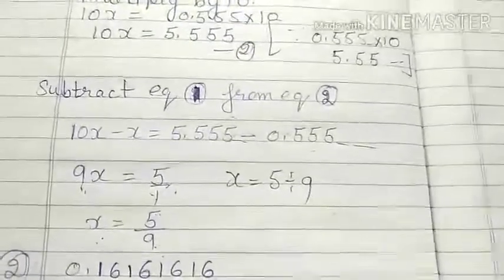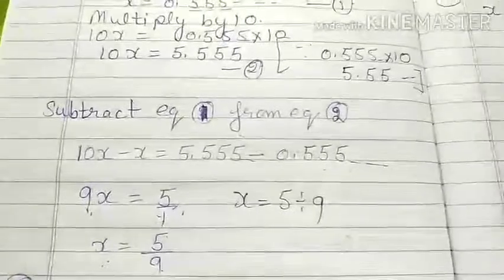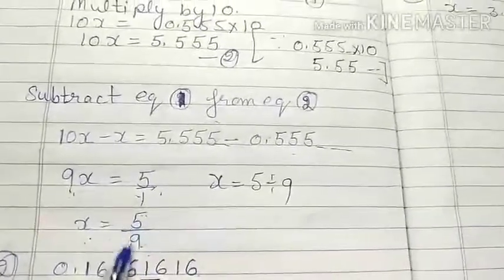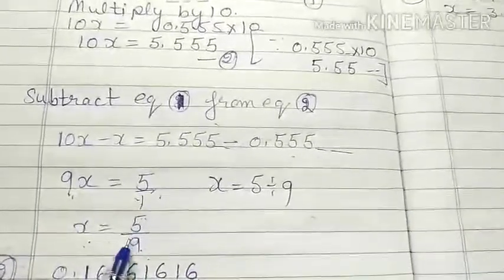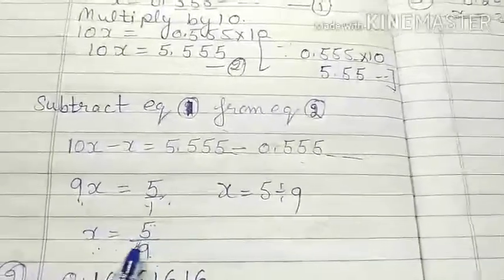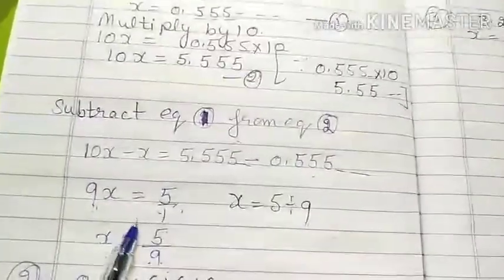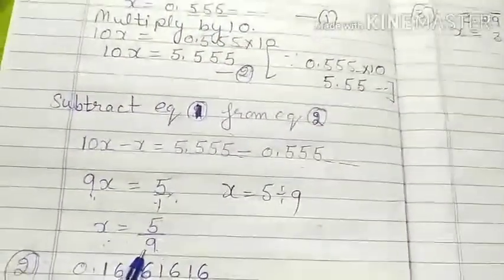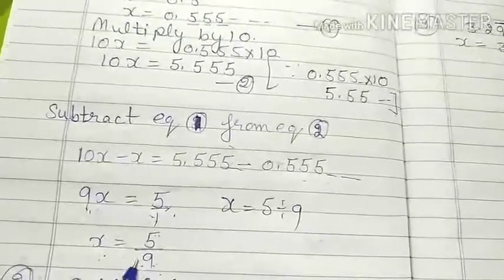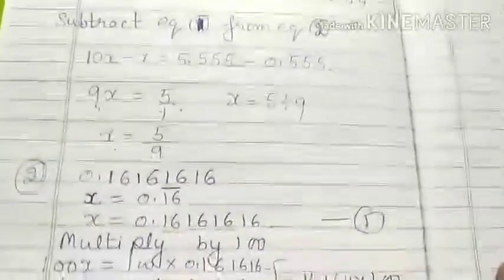If there is any common factor, you convert the fraction into lowest form. Here there is no common factor other than 1, so the fraction is already in lowest form. So 0.5 bar is equal to 5 by 9. You can check: if you divide 5 by 9, you get the same answer in decimal form.